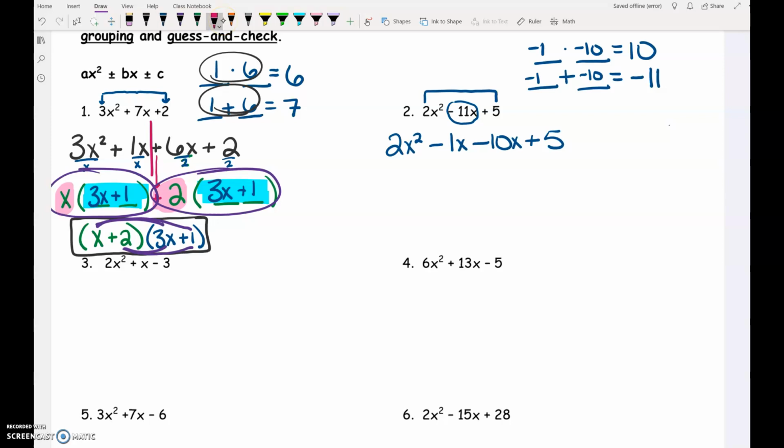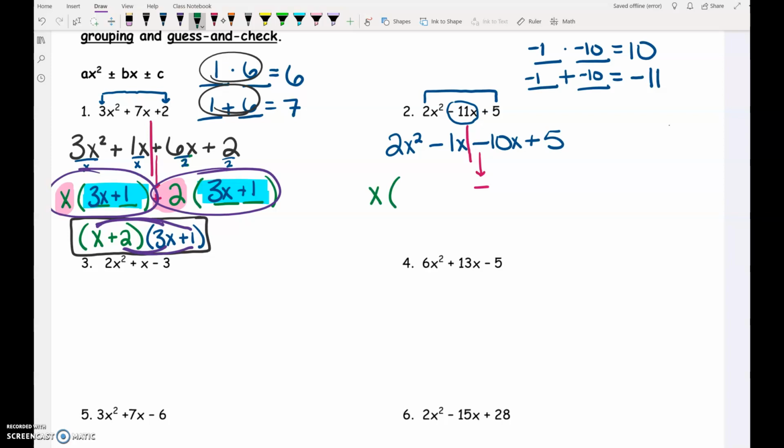Next, we're going to split this into 2 groups and then get in the habit of whatever symbol is right before the third term, drop that symbol down because you're going to use that symbol in the next step. Okay, first group, 2x squared and negative 1x. What do 2x squared and negative 1x have in common?